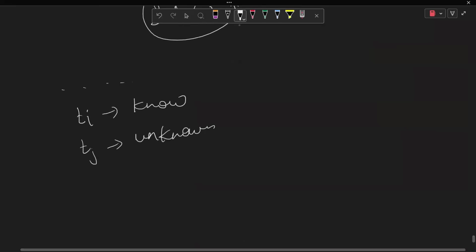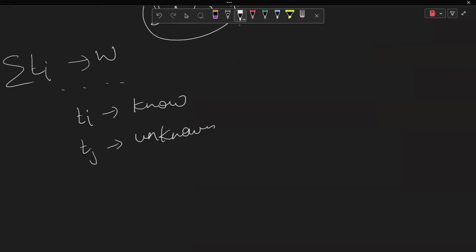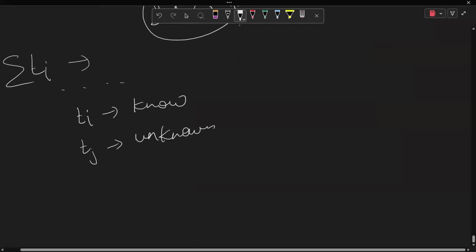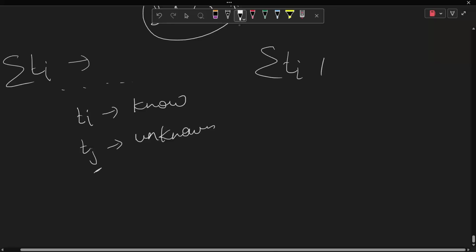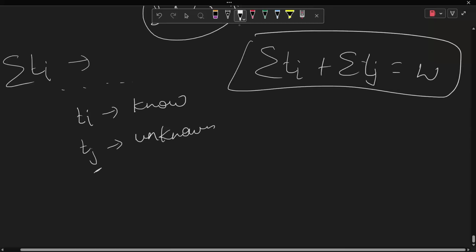And initially you knew that the summation of Ti was W. When all of them were unknown, all of them were Tj, so the summation of Tj was W. Now, when you have some known values, you can reduce the summation. So basically, you can write the summation of Ti plus the summation of Tj is W. That is for sure, that the sum of all the nodes is W. But these Ti are known, Tj are unknown.